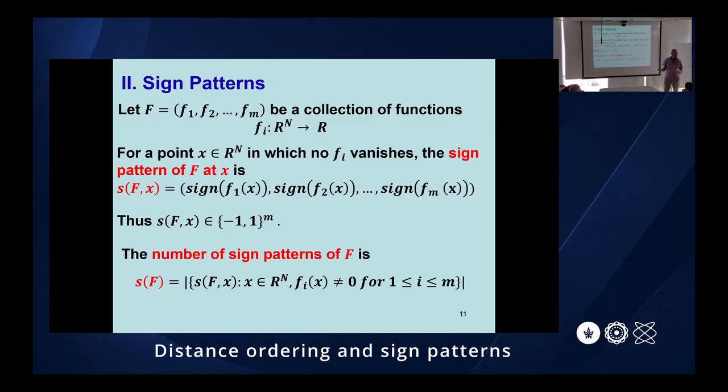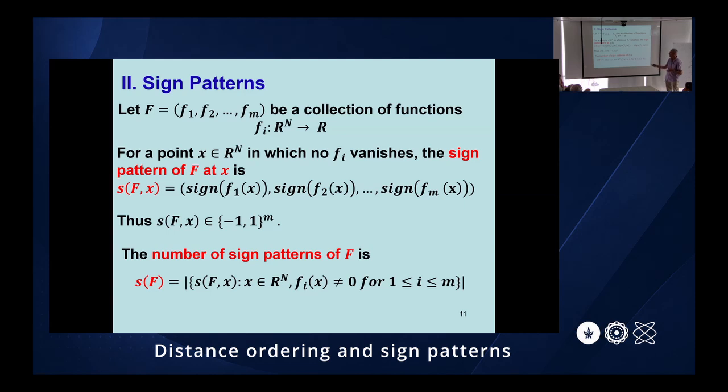And the number of sign patterns is just the number of distinct vectors that we can get as x varies over all the points at which no f_i vanishes. So this is in general a number between 1 and 2 to the m. And of course, if we don't assume anything about the functions f_i, it can be anything between 1 and 2 to the m. But the hope is that if we know something about them, then we can say something intelligent about this number.